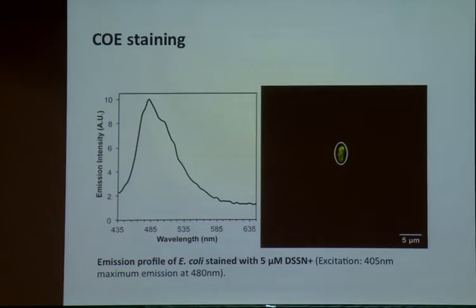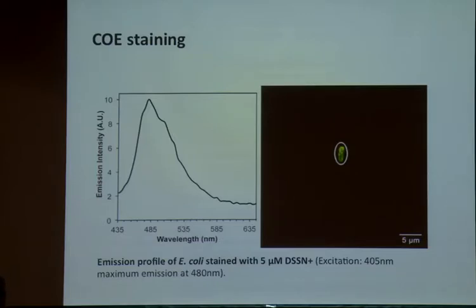When you dissolve COE in different polarized solutions, it emits at different wavelengths. So if you dissolve COE in a water solution, which is a polar environment, it emits very weakly around 600 nanometer. But if you dissolve COE in a nonpolar environment, such as toluene, it emits very strongly at 480 nanometer.